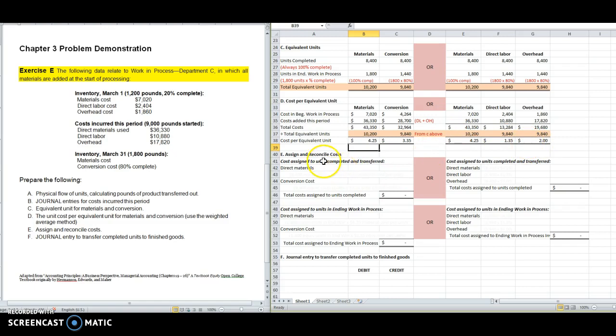Now we get to assign the costs to units completed and ending work in process, because that's what we're trying to determine: the cost of ending inventory and the cost of what was completed. So for direct materials, we're going to take the equivalent units times the 4.25 material cost per unit. This is going to come from this section because we are looking at the items that were completed.